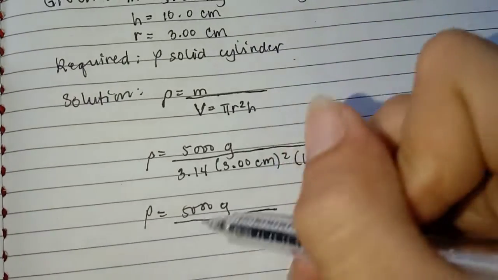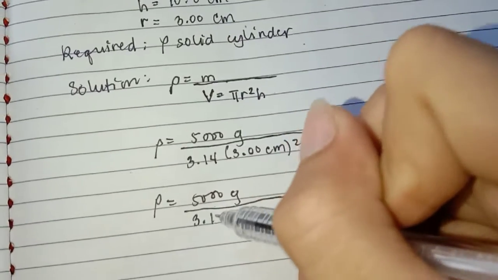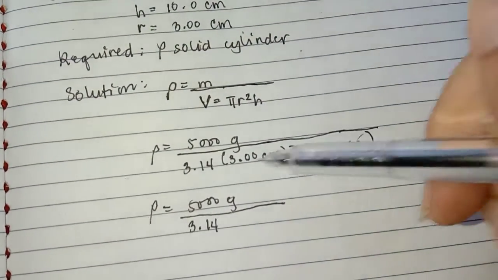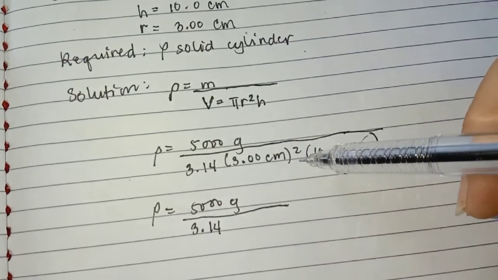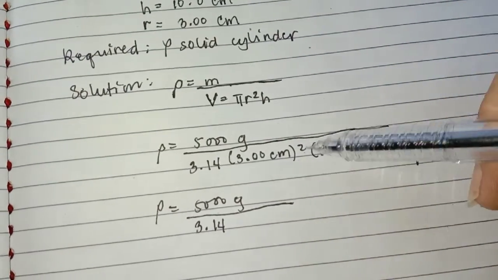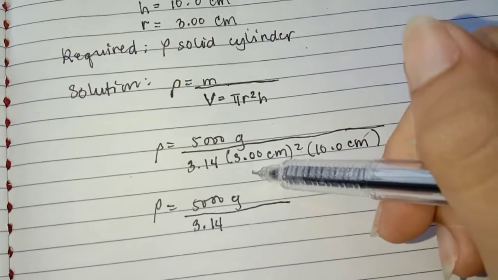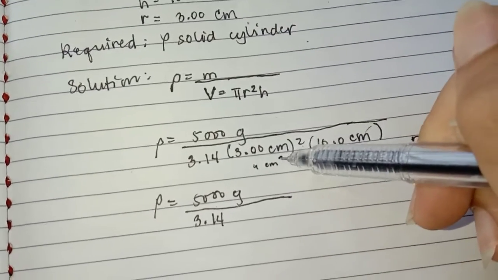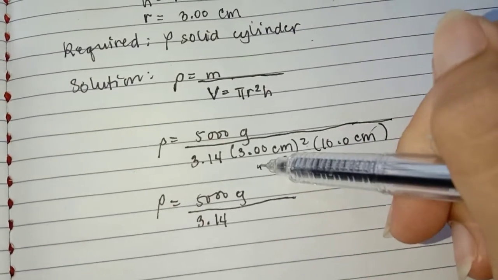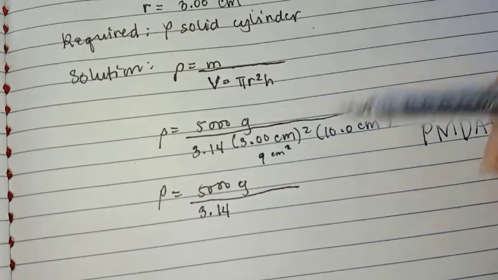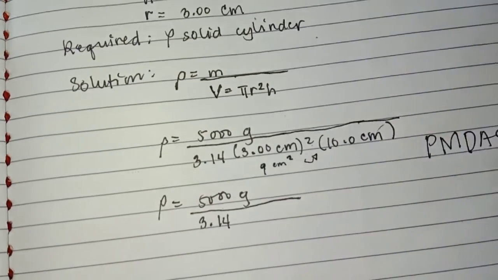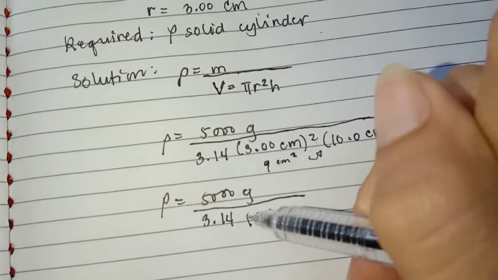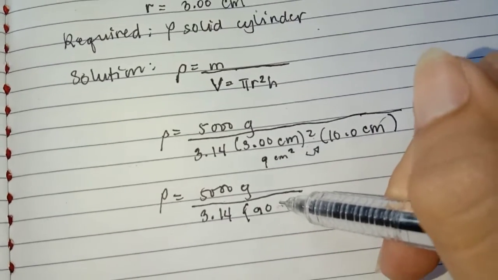So we'll just copy 3.14 and then simplify inside the parentheses. So 3 to the power of 2, 3 by itself is equals to 9 centimeters. Since it is powered by 2, it will become 9 centimeters squared. 9 centimeters squared, multiplied by 10 centimeters, therefore we have 90 centimeters.